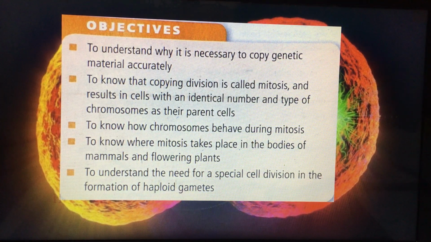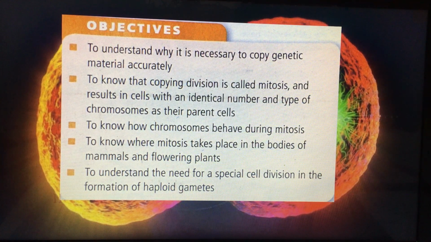And also, we are going to study the chromosome behaviors during mitosis, and we are going to know where mitosis takes place in the bodies of plants and animals, in the mammals group. And the last thing, we are going to understand the need for a special cell division in the formation of haploid gametes.